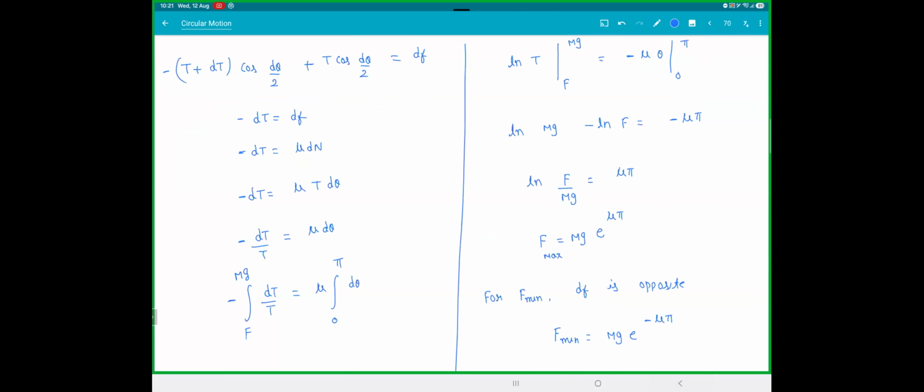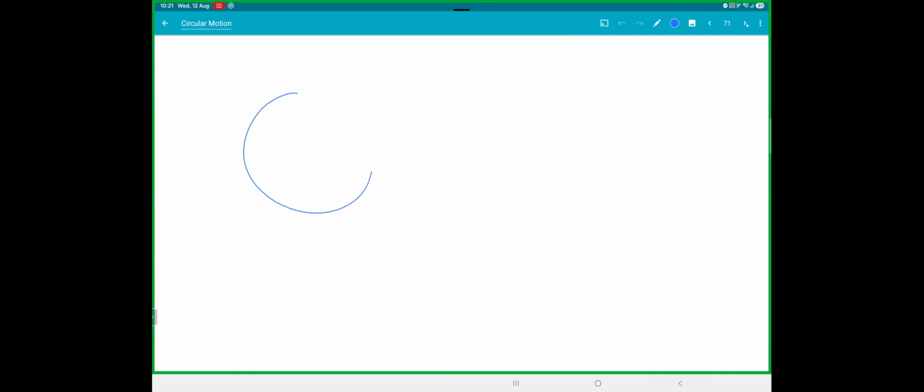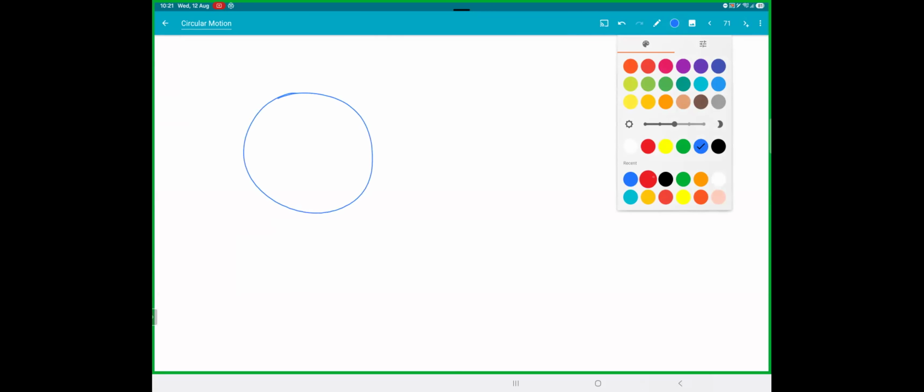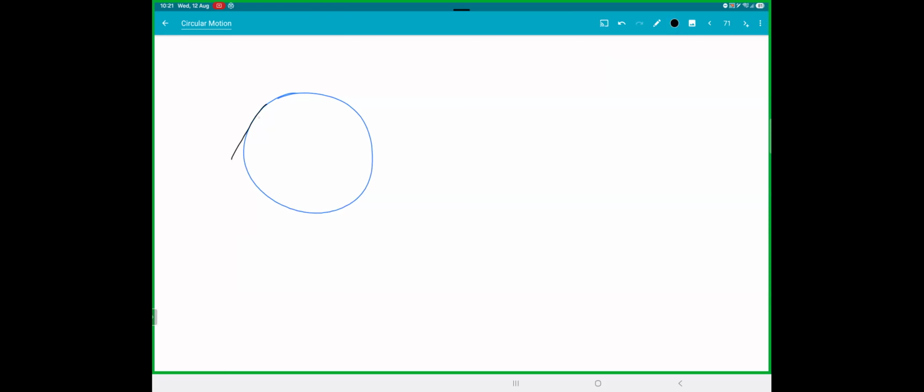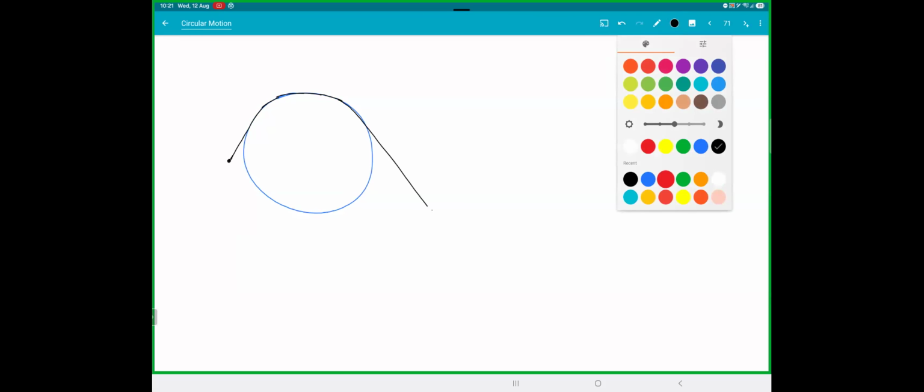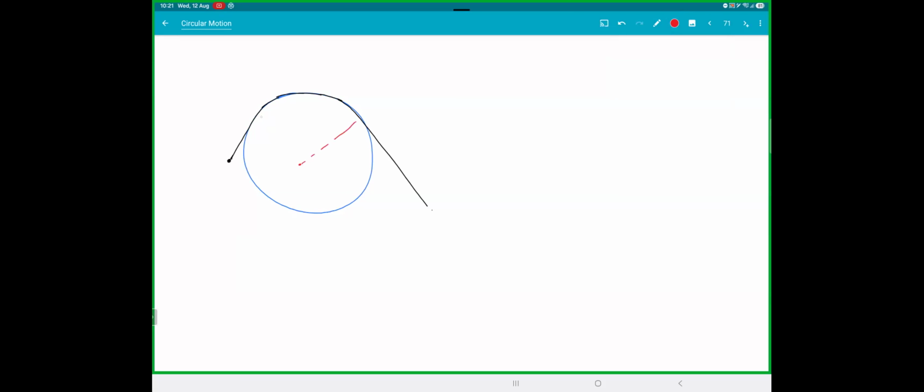So if I had to give you a general formula for this, let's say if you have a rope like this, where theta is the angle made by the rope in contact.